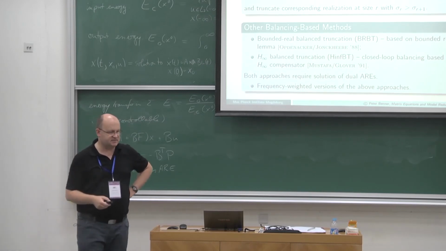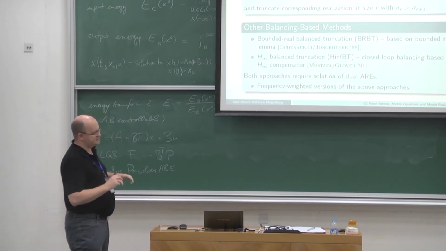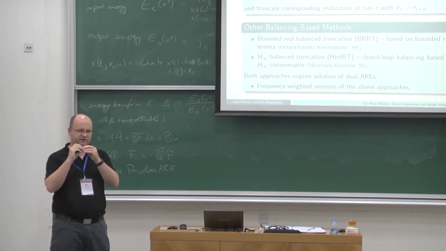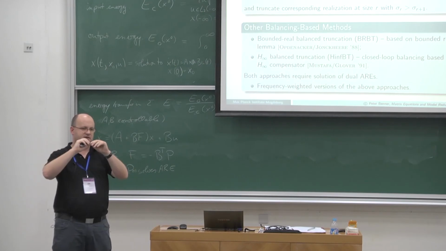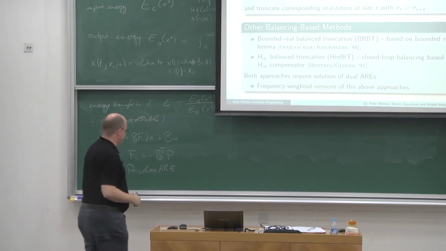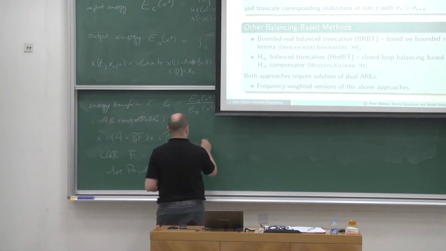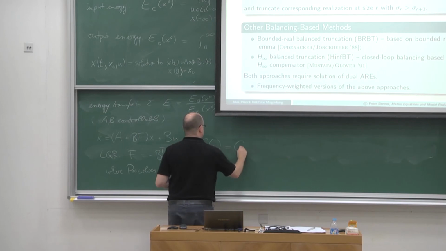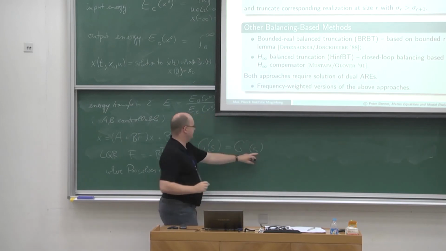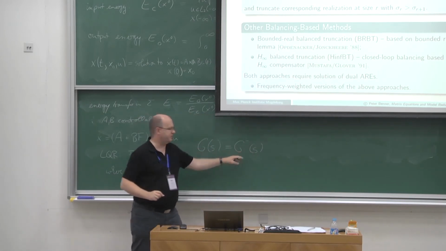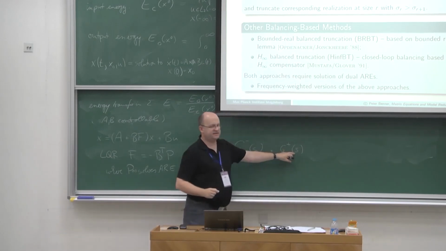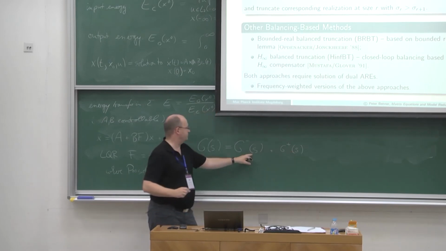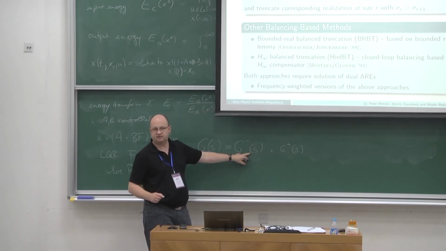Modifications for unstable systems of some of the methods use a different approach, that of separating the stable from the unstable part. You can always find a transformation so that you can split your transfer function into G minus, which would be the part having only stable poles, plus G plus, which would be the part having all the unstable poles, and then you apply model reduction just to that part.